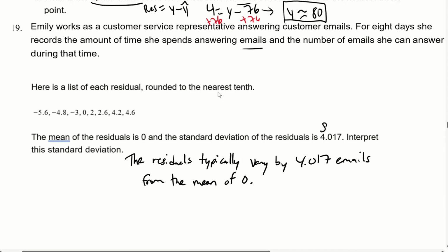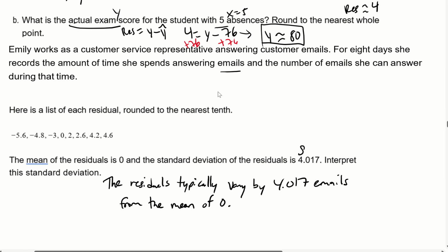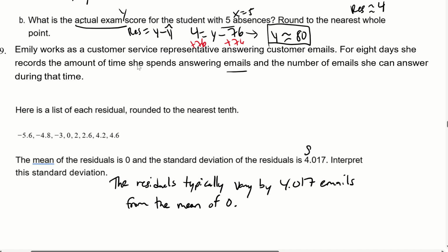Another way you could do this or interpret it is like we did in the notes, because remember it says the amount of time she spends answering emails, right? This is the amount of time and then emails.